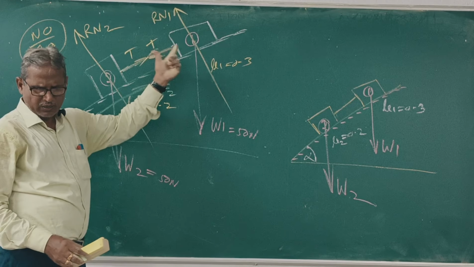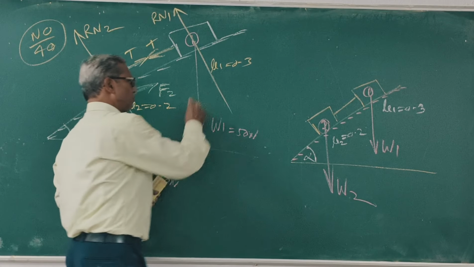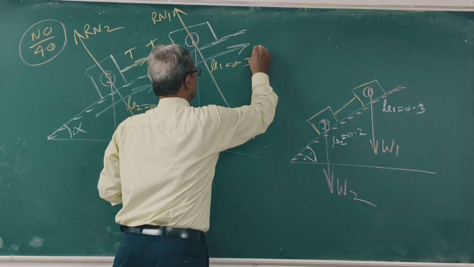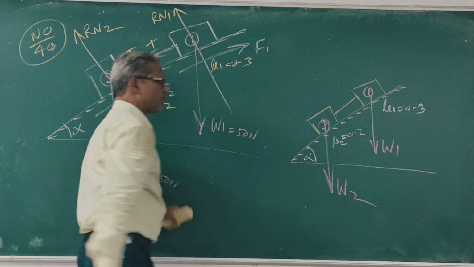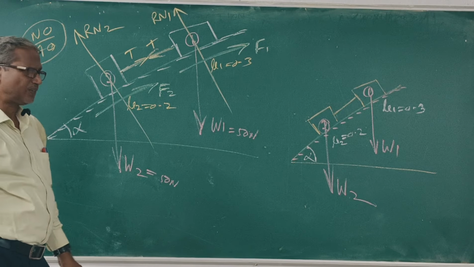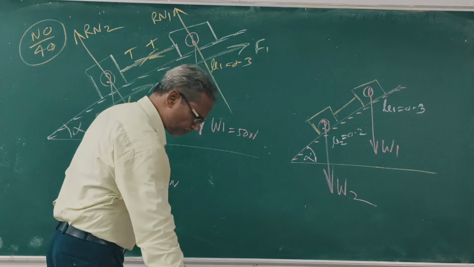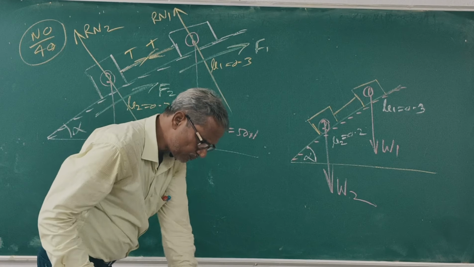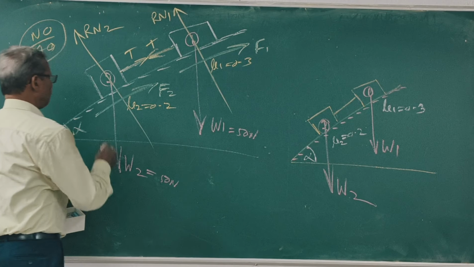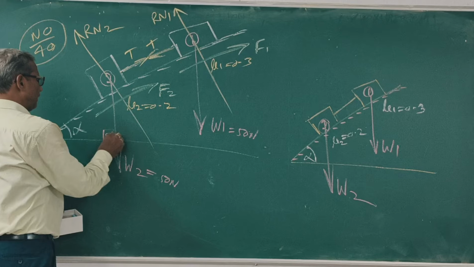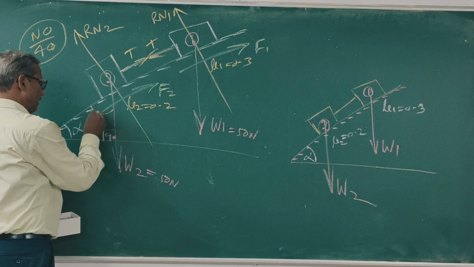So the friction will act upwards. F1. Clear? Now tell me, what is this angle? 90 degree. This angle, 90 minus alpha. This is alpha.